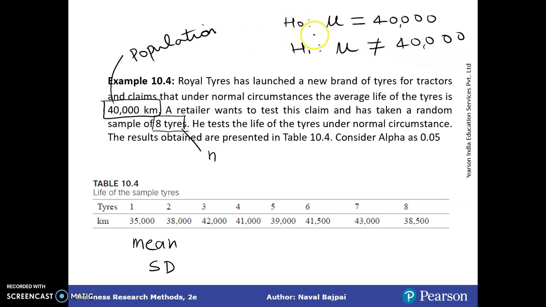Now we have framed our hypotheses. The second thing is choosing an appropriate test. Here the population standard deviation is not given and the sample size is small, so we can go for the t-test instead of a z-test. So let's do the calculations for the t-test.